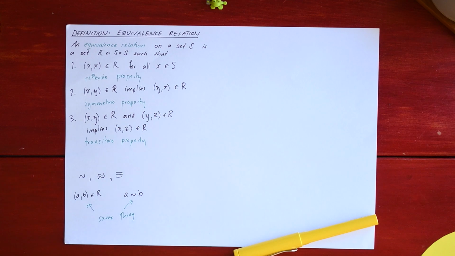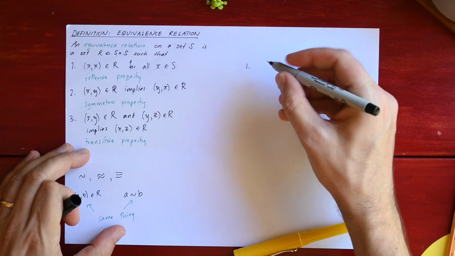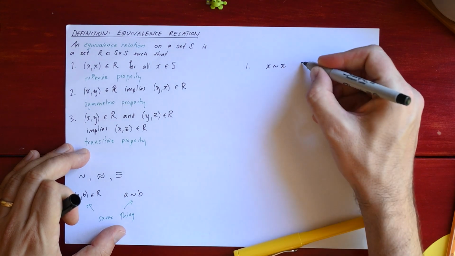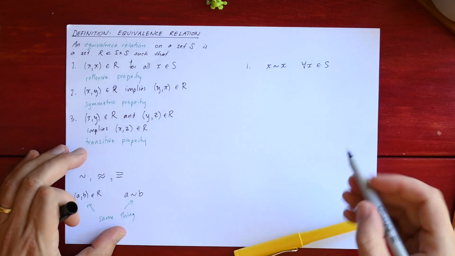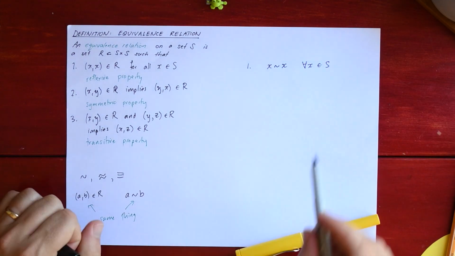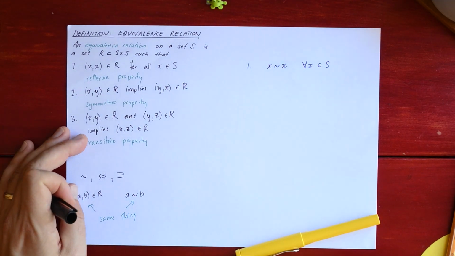Okay, so if we write the rules down that we just had, our 1, 2, and 3, using this notation, it feels a bit more natural. In the first case, we'd have that x is equivalent to itself for all x in my set. Now that little upside down triangle thing is just shorthand for all. Normally I'll write the words out, but sometimes we'll just use that shorthand.